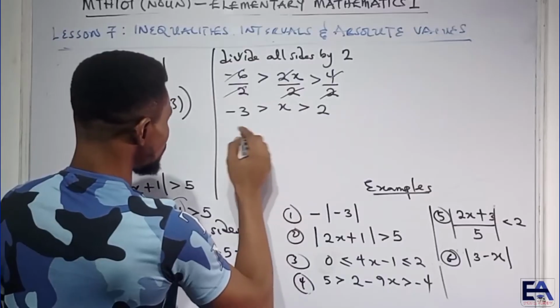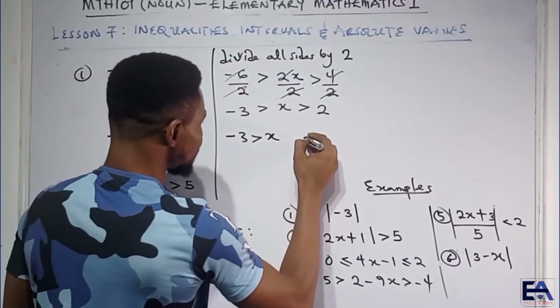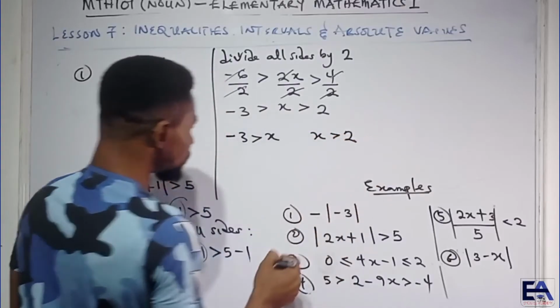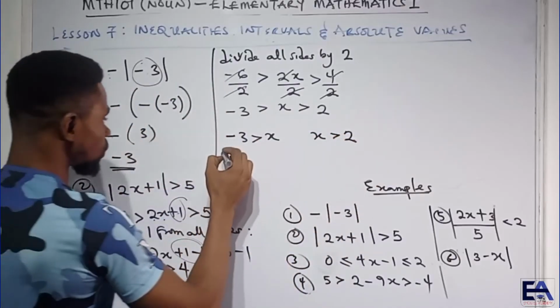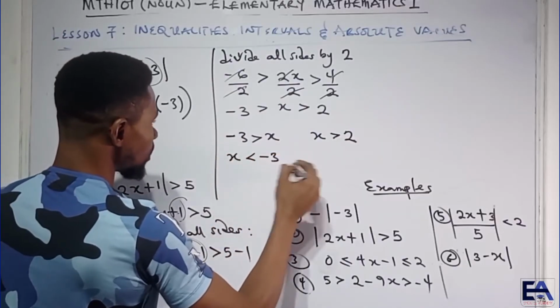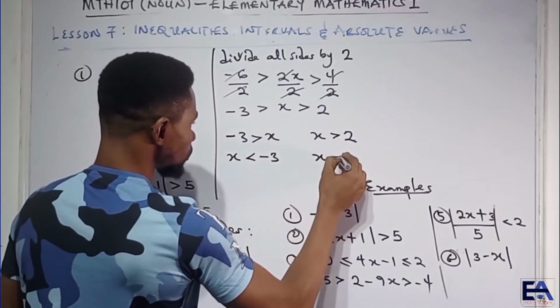So if you can split it, minus 3 is greater than x, but x is greater than what? Than 2, okay? If we switch this one now, it means x is less than minus 3, okay? But x is greater than 2.